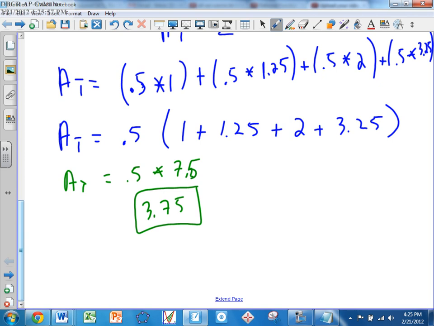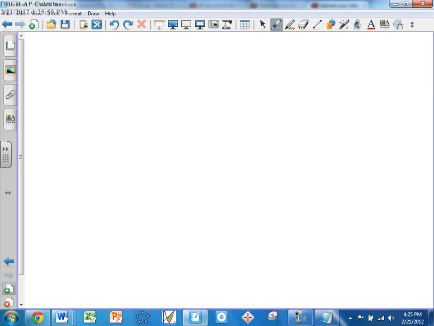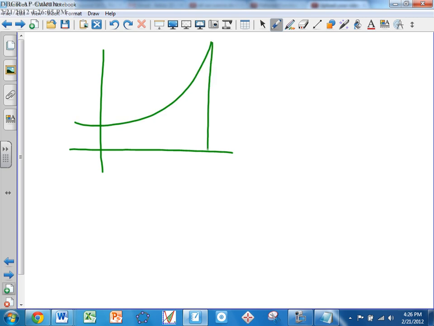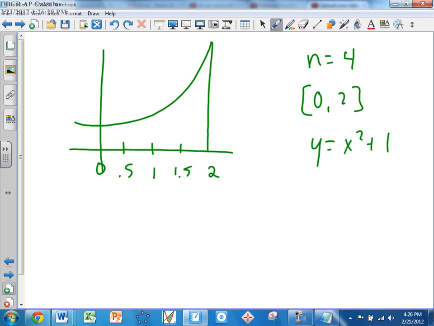Okay. All right. Same function. Same, right, guys. Everything else the same except now it's right hand. So again, if I'm using the same amount of rectangles, I'm going from 0 to 2 still, and I'm still looking at the function x squared plus 1, and I want to know RRAM. That's terrible handwriting.